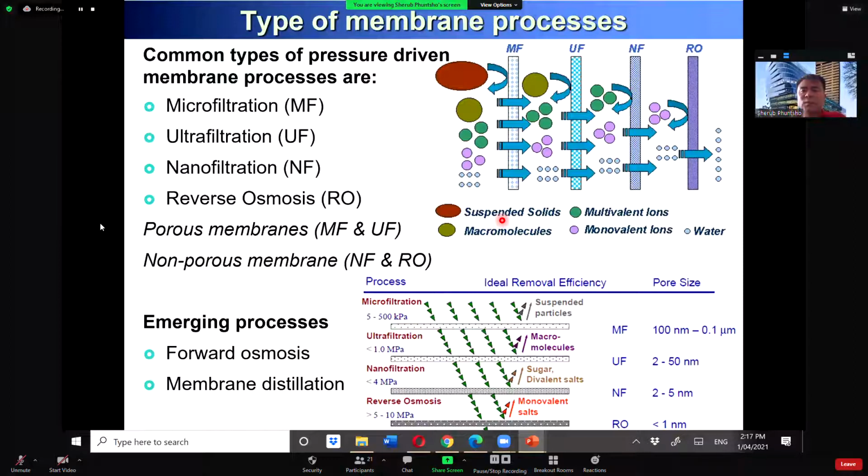Because of that, a temperature gradient is created if hot water is on one side of the membrane. Because of the temperature difference, water can easily evaporate from there, and that evaporated water you can condense to get fresh water. So this is the concept of membrane distillation.